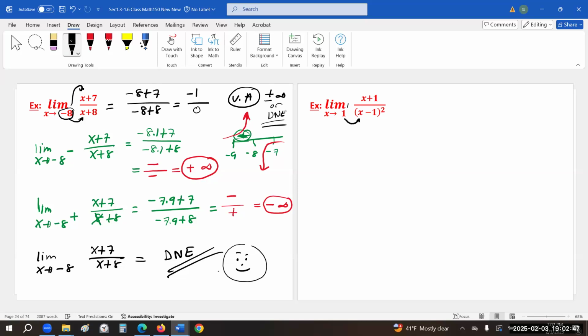Can you repeat what I said? Okay. So we have a rule. I actually don't remember about the numerator, what we're supposed to have on the numerator. If the factor on the denominator has an even power, then the limit is either infinity or negative infinity. But what do we have to have on the numerator?